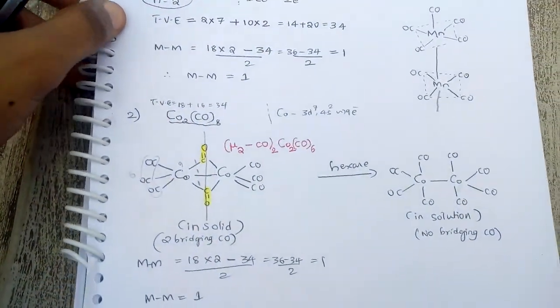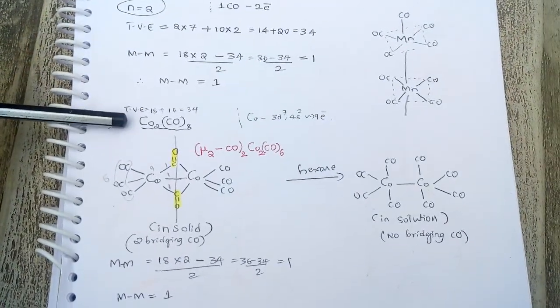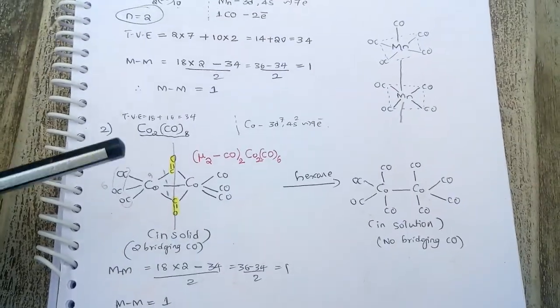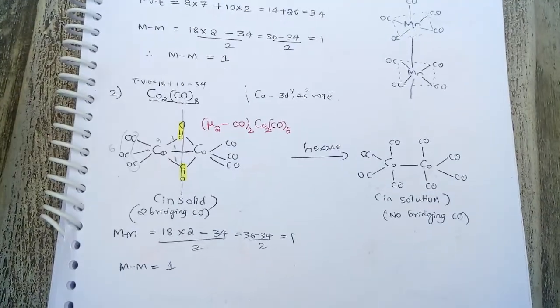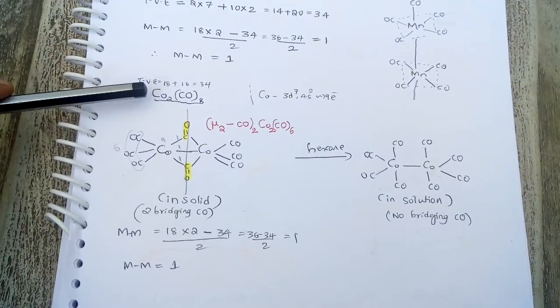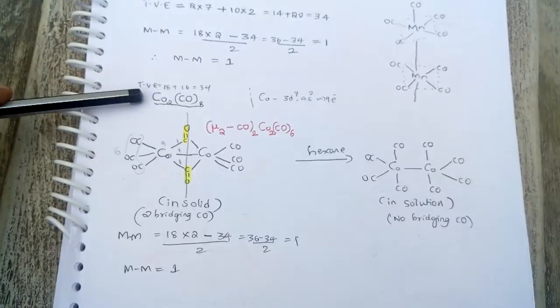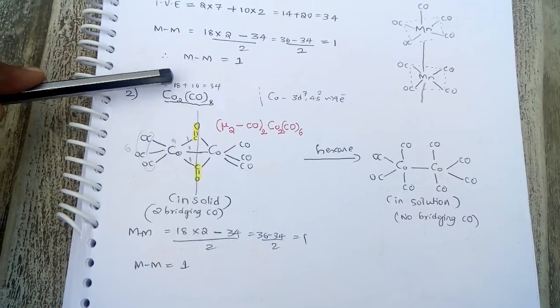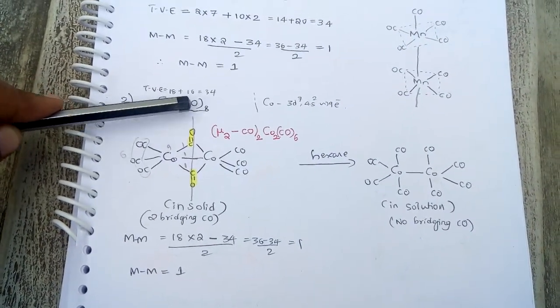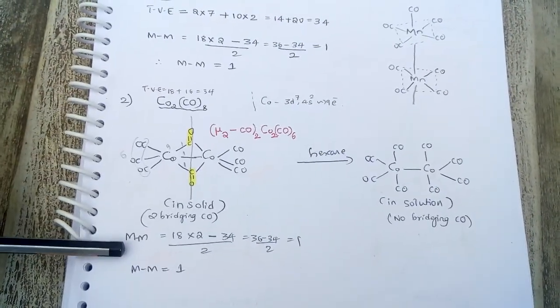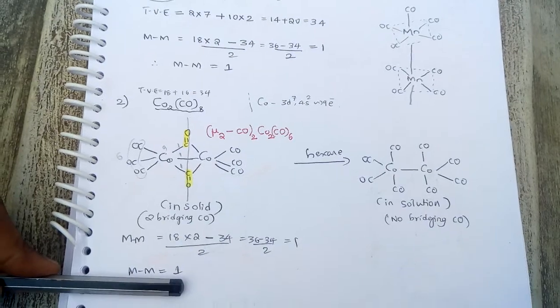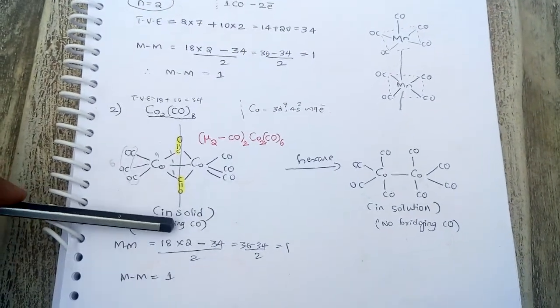Next, this is important: the Co2(CO)8 complex. First we have to identify its total valence electrons. As you know, cobalt gives 9 valence electrons. 9 into 2 is 18, each CO is 2, 2 into 8 means 16, so it gives 34. So the metal-to-metal bond is 1.